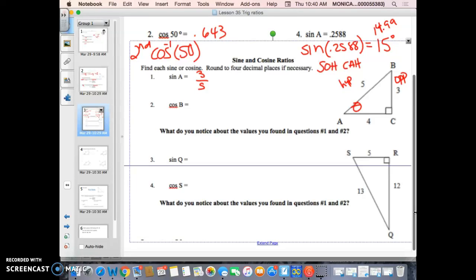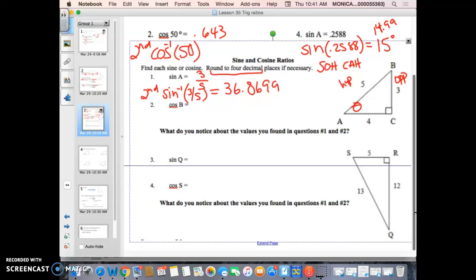I don't have my angle, so I'm going to have to hit second, sine, and I'll get that -1, and literally type in 3 divided by 5 in your calculator, hit enter, and you should get 36.8699. And the reason I went so far is because in the directions it said round to 4 decimal places.